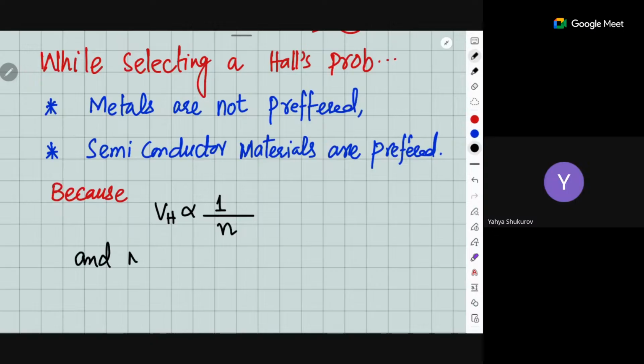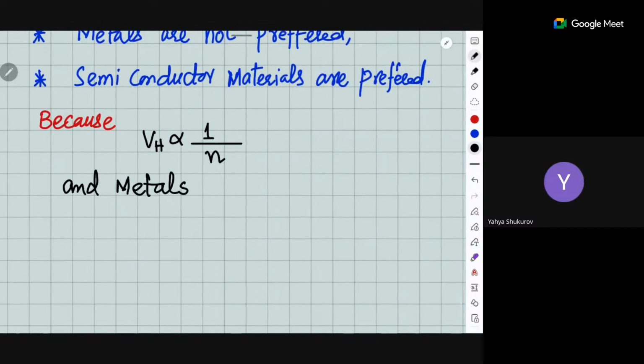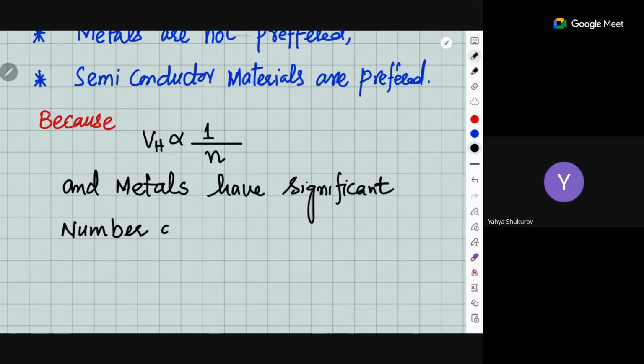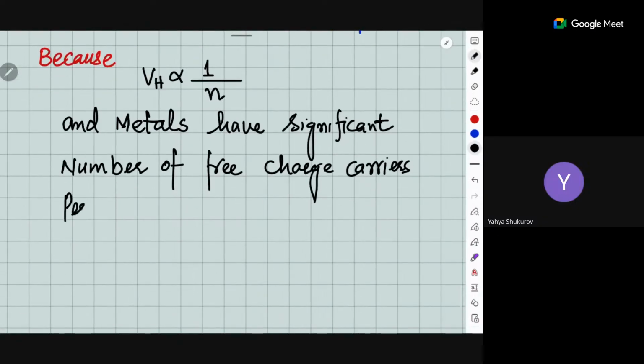And metals have, this is a past paper question actually, a 2 marks explanation: metals have a significant number of free electrons, or number of free charge carriers, per unit volume.